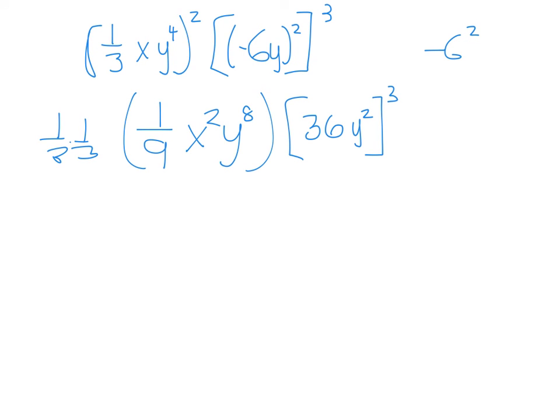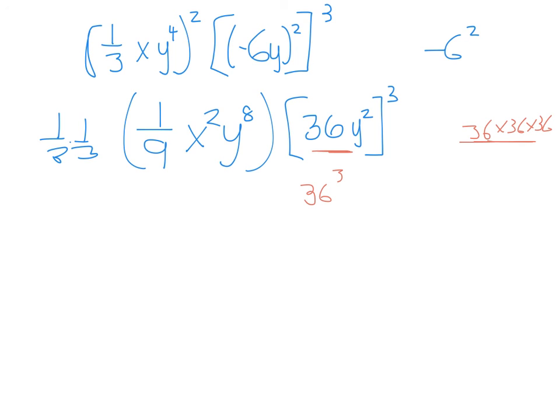Okay, now I have to put what is in this parentheses to the third power, which means I have to put 36 to the third power, which means I have to multiply 36 times 36 times 36, which isn't something I would ask you to do without a calculator.